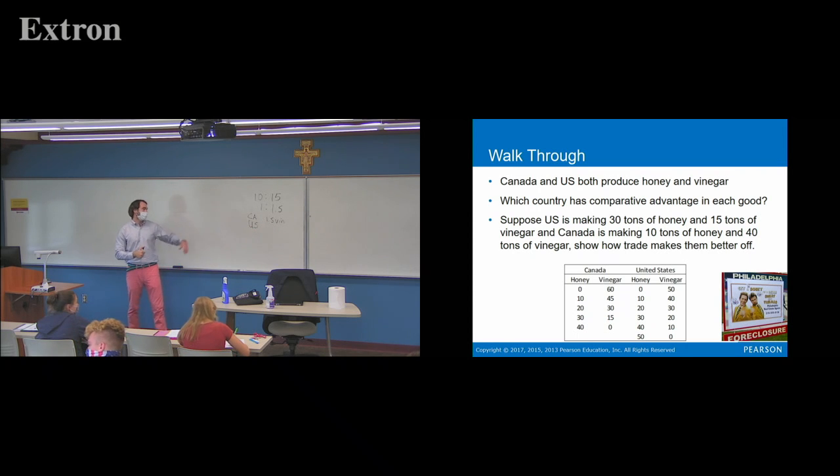You move from 0 to 10 units of honey, and you're moving from 50 to 40 units of vinegar. So you're giving up 10, and that 10 to 10 is going to be 1 vinegar. So who has the comparative advantage in vinegar? US. They have the lower opportunity cost, so they've got the comparative advantage.